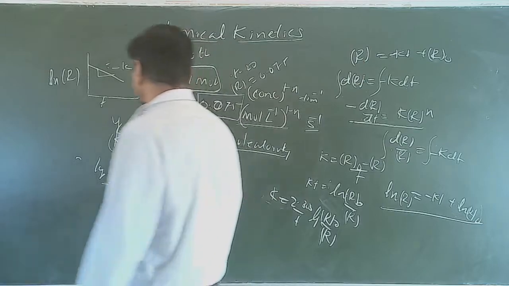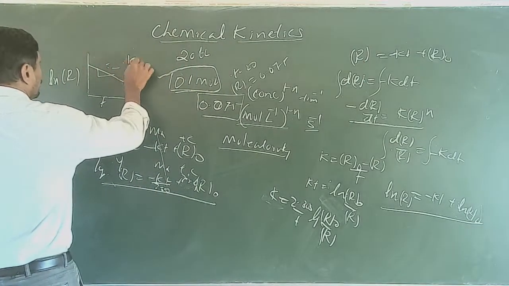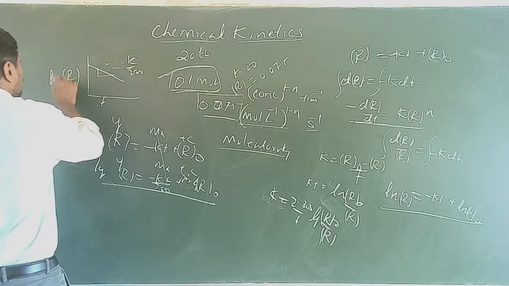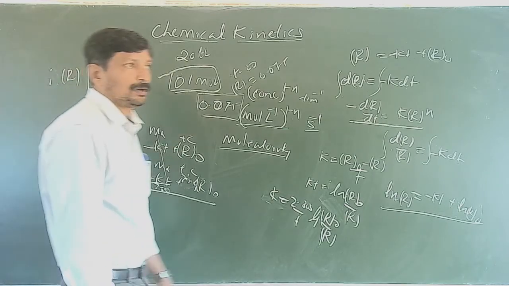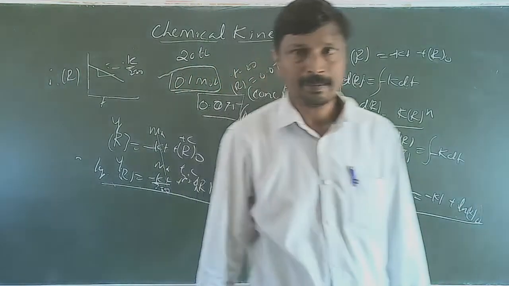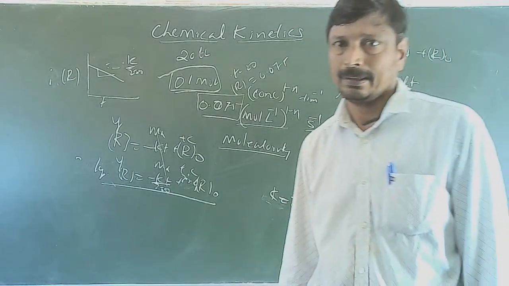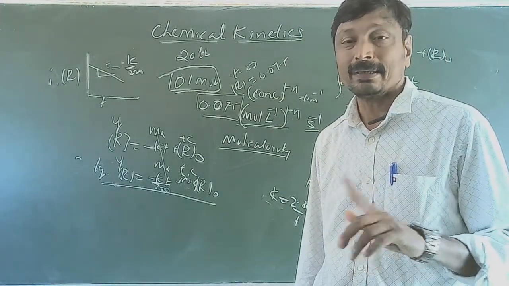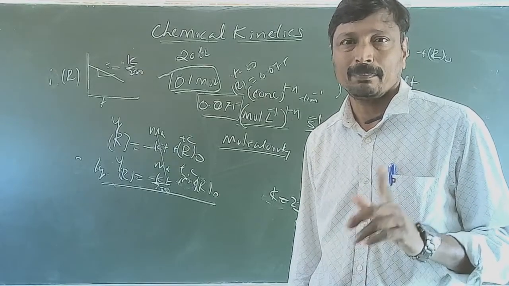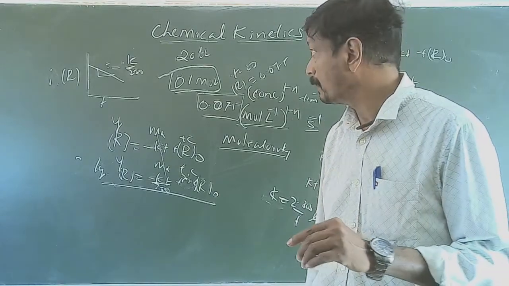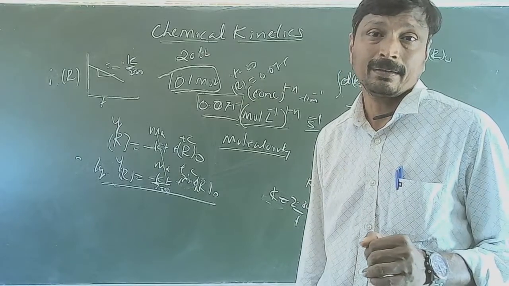In such a case, the slope is minus k divided by 2.303. Whether it's log R or ln R, depending upon the slope, you have to find out. If log R, then it's minus k by 2.303. If ln R, then it's minus k.